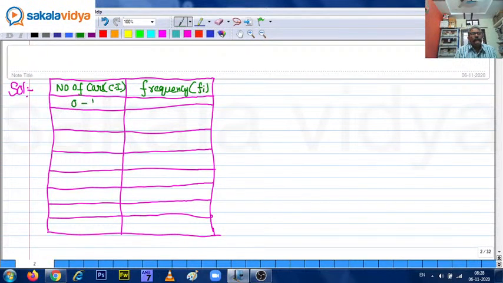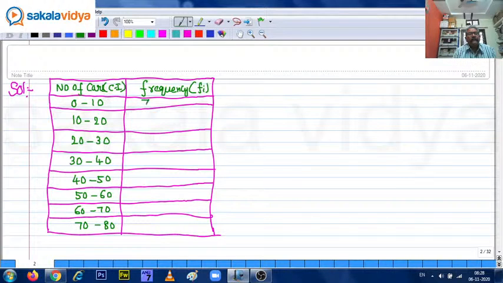The class intervals are 0 to 10, 10 to 20, 20 to 30, 30 to 40, 40 to 50, 50 to 60, 60 to 70, 70 to 80.